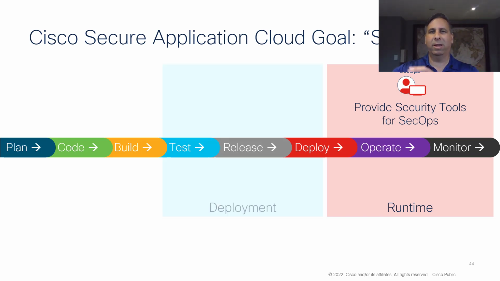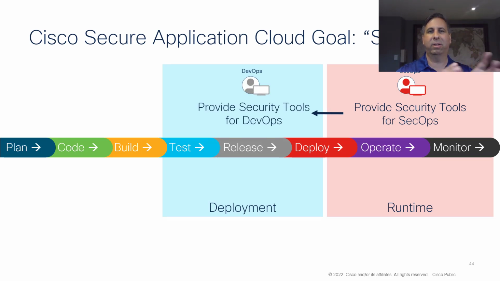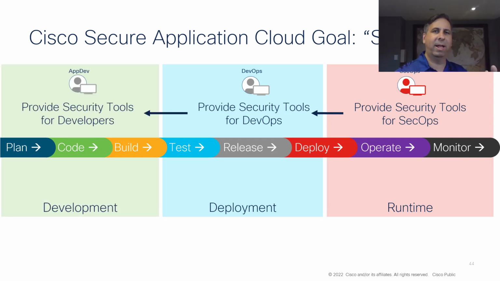Whereas, what if we can move that left in that cycle to say, okay, no, don't just give SecOps tools, let's also give the DevOps team some security tools so that they can make good security decisions, apply good security hygiene. And you know what? Not only them, but even the developer.